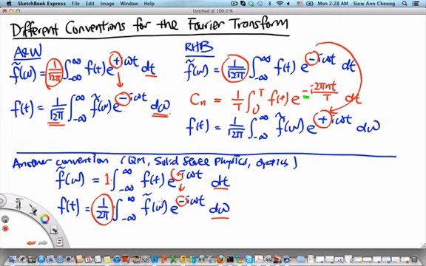Now there's one more convention that I need to talk about, and that is the convention between the signs for x and for k. So, so far we have written the Fourier transform of a function f of t as f twiddle of omega, and this is 1 over square root 2 pi, the integral from minus infinity to infinity of f of t e^{i omega t} dt.